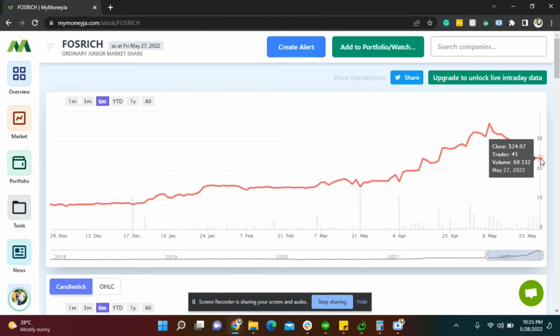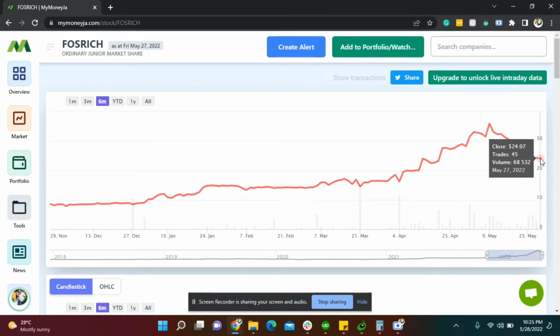You see, it's at $24 right now. Right now, they are planning on a stock split. A stock split basically means that they're going to increase the shares in the company, so the price is actually going to drop, but the number of shares is actually going to increase.